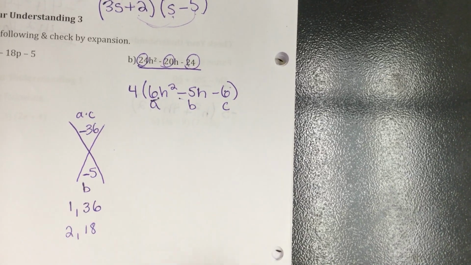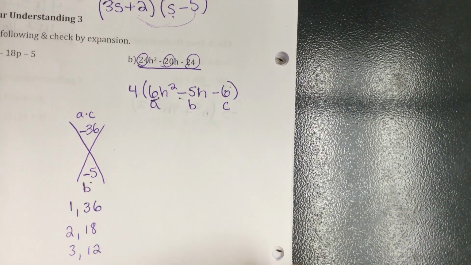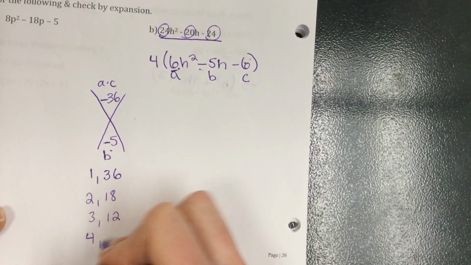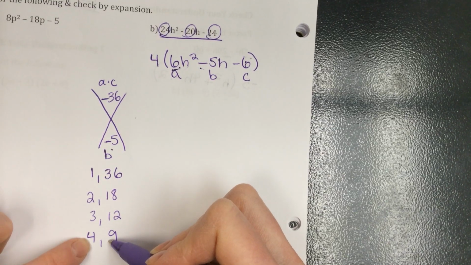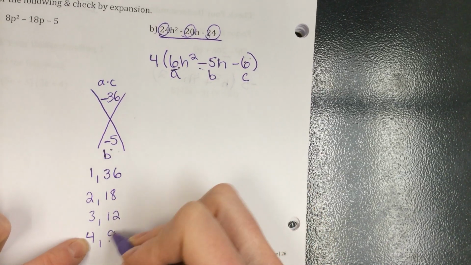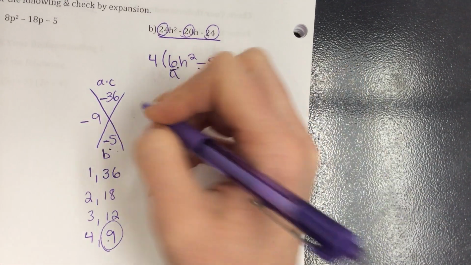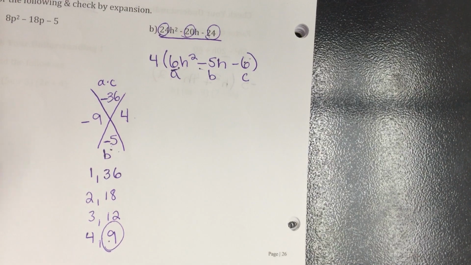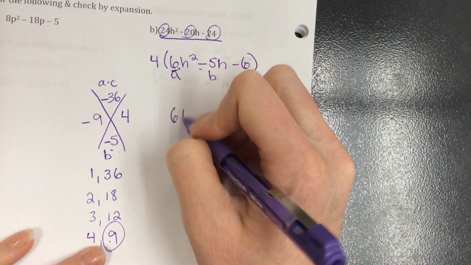No, that's not going to add together to get negative 5. 3 and 12. There's no getting negative 5 out of that. How about 4 and 9? Well, if I have negative 9 plus 4, I can get negative 5. Again, we need the bigger number to be negative so that this bottom number is negative, and we add the 4 to that to get negative 5. Okay, leave that 4 behind for a second, and let's just focus on this.